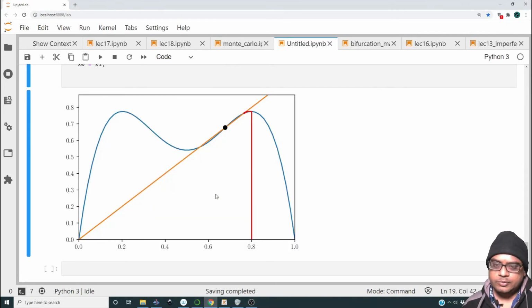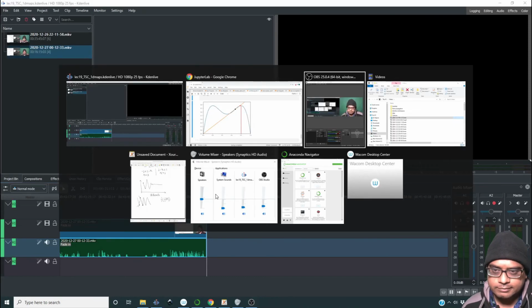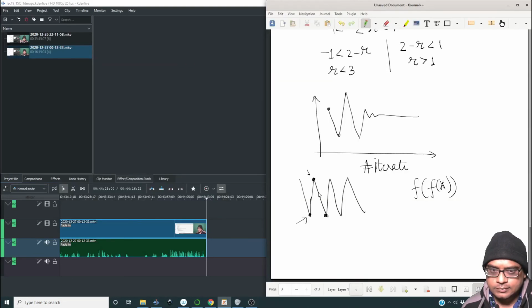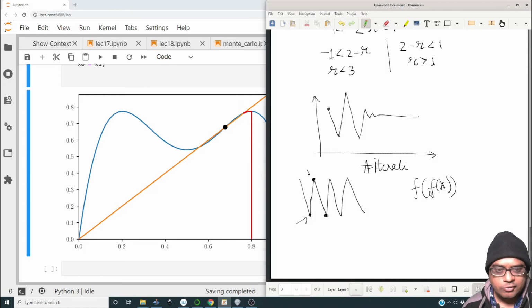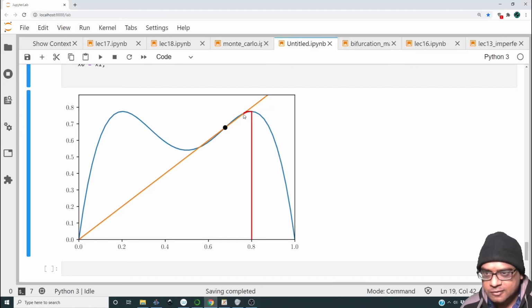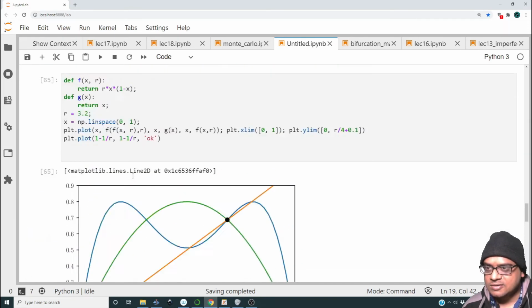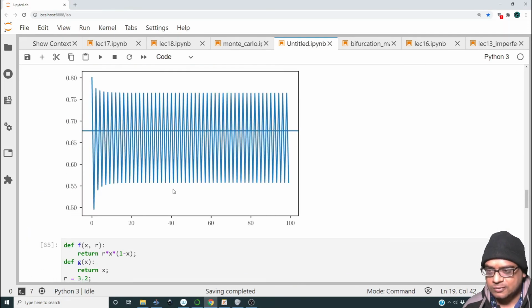So if we try to plot how the iterates occur in the map of f of x, it appears to converge to this root, but the reality is in the actual map, it's actually going across these 2 points, and that is clear by looking at these oscillations.